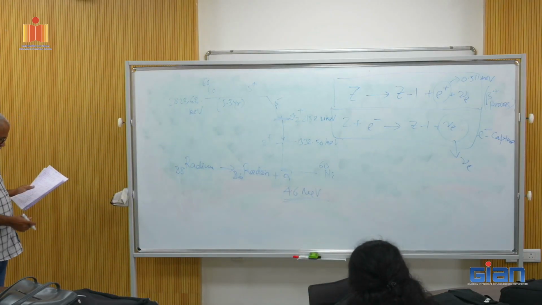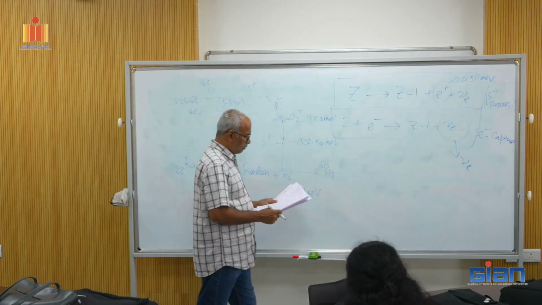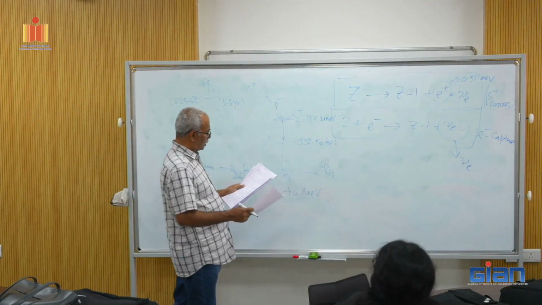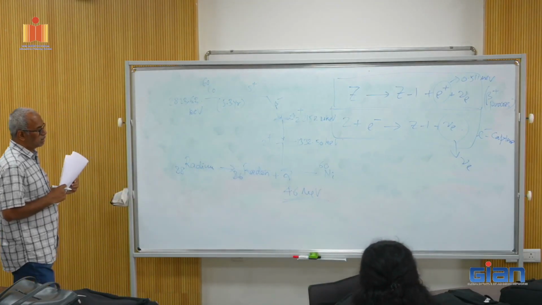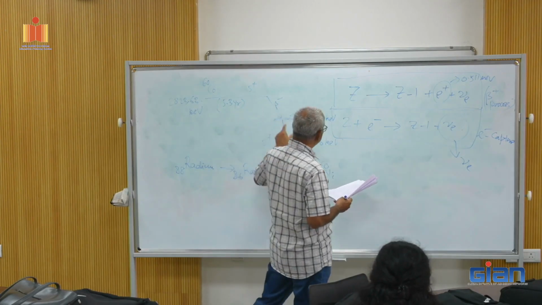Okay, we are not going to discuss anything about alpha emission, but this is one such process where you can have alpha, beta and gamma radiations.